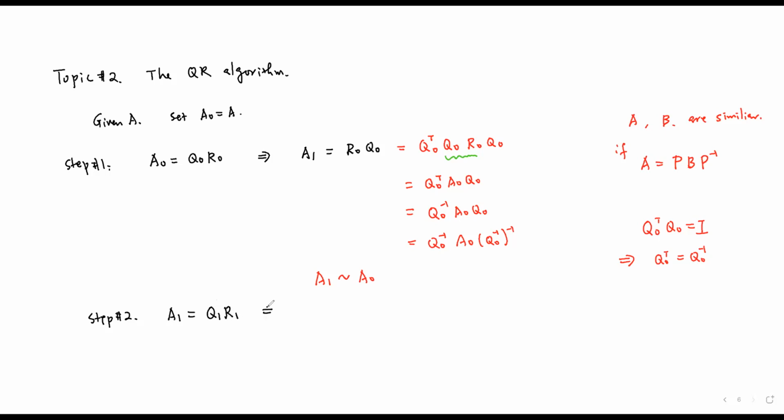Then multiply Q1 R1 in reverse order to get a new matrix, let me call A2. Step 3. Perform QR factorization on A2, Q2, R2. Then reversely multiply the factors to get a new matrix, A3.